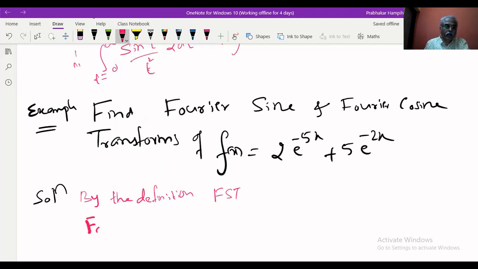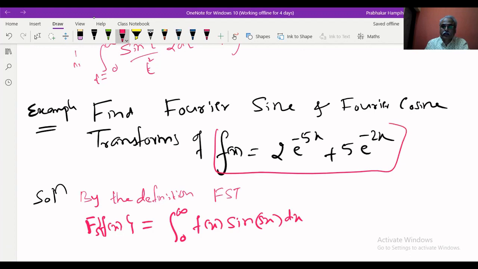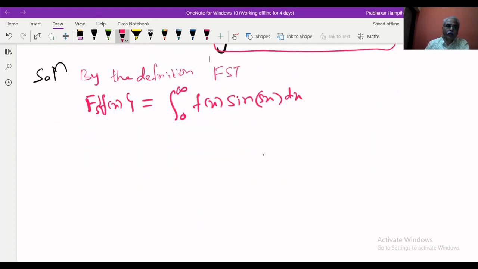The Fourier sine transform of any function f of x is equal to the integral from 0 to infinity of f of x into sine of sx dx. Now f of x is given like this. Let us write that also: f of x equal to 2 times e raised to minus 5x plus 5 times e raised to minus 2x.